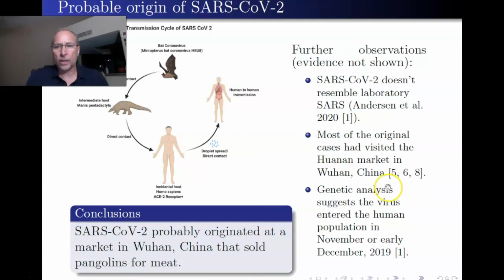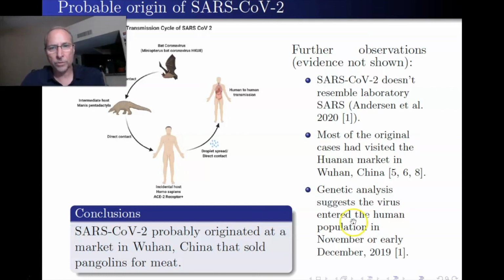And the other thing that's interesting is the genetic analysis of the variations that we see in SARS-CoV-2 compared to its most recent common ancestor in the bat. It looks very much like that virus hit the human population sometime in November or early December 2019. And that fits with the earliest cases. The very earliest cases in China were also found at that time.